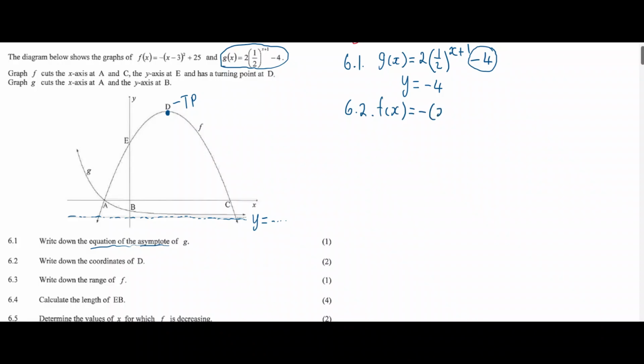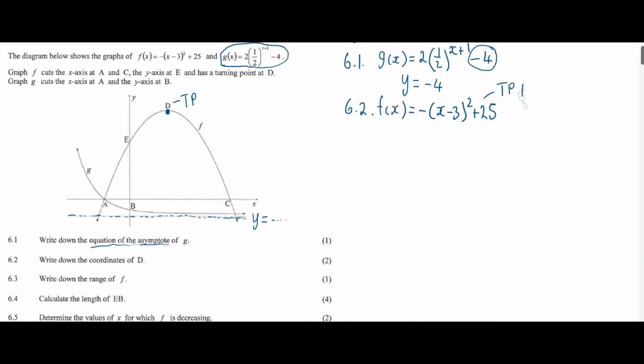If we copy down the equation, f of x is equal to minus x minus 3 squared plus 25, we can see that this is the turning point form of this parabola.